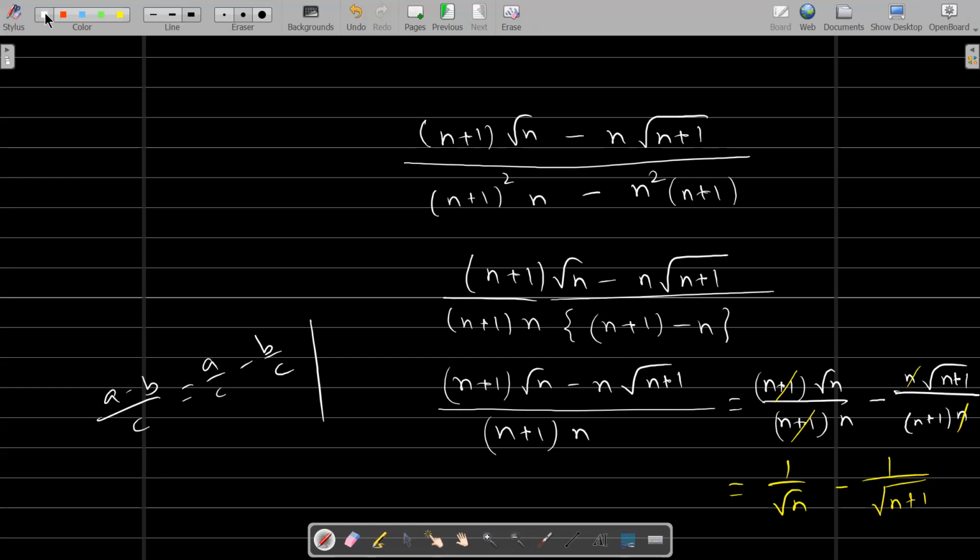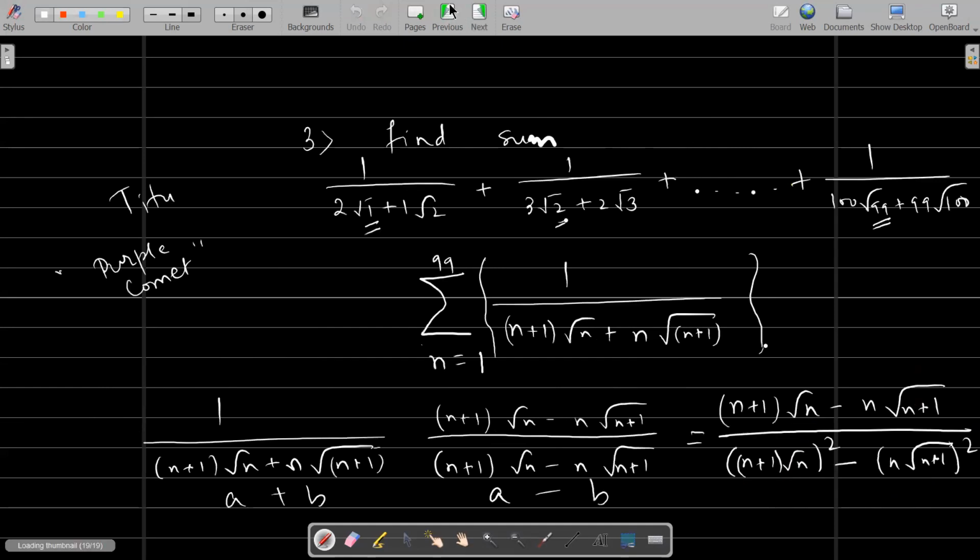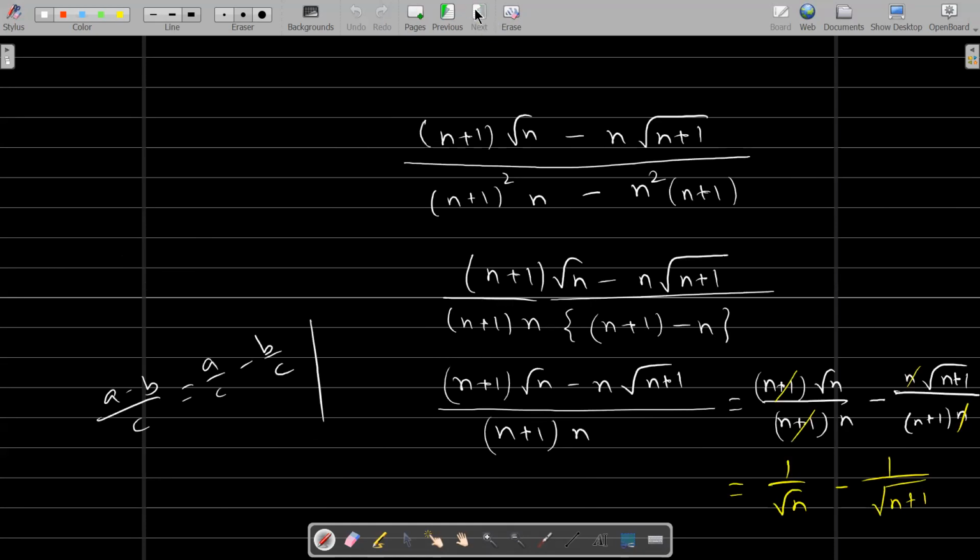Could you show the previous slide for once? So my general nth term is 1 by root n minus 1 by root n plus 1.